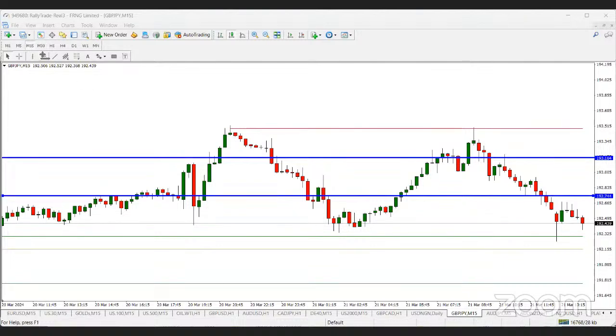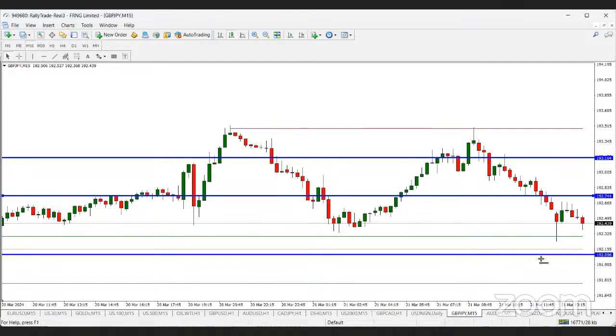Now, if I was selling GBP JPY, with all the sell that is going on, I'd actually be selling below this point here.